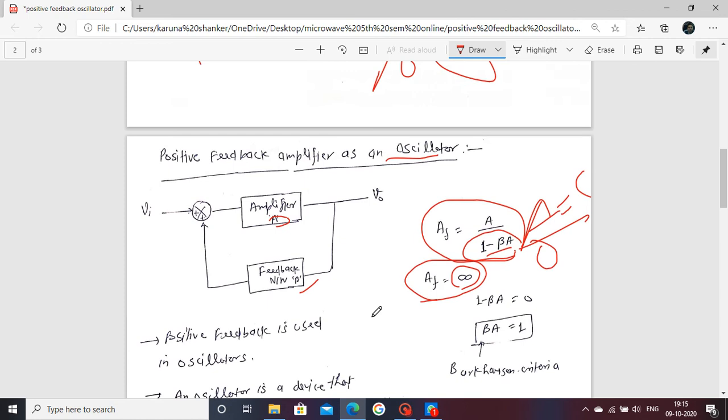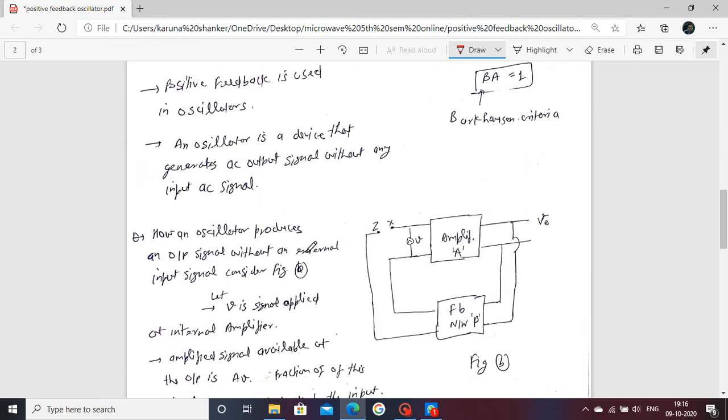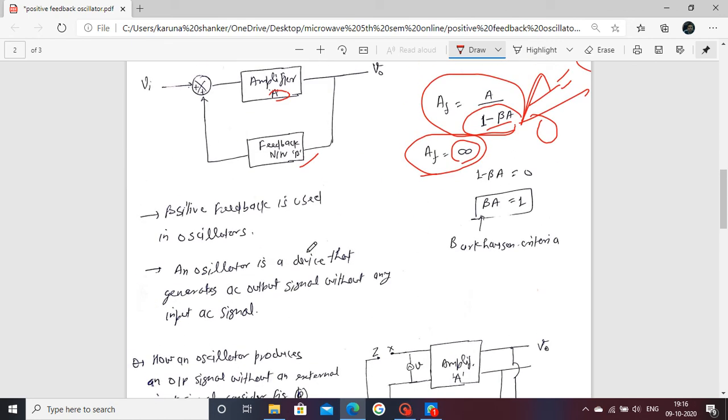Now observe how we define an oscillator. We define an oscillator as an electronic circuit that produces a sustained oscillation of desired frequency without being given an external input.